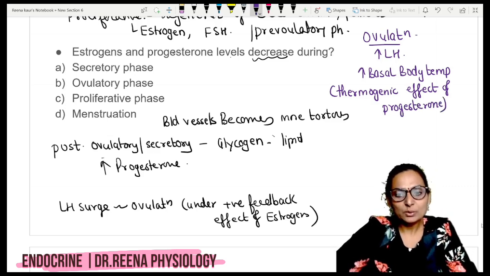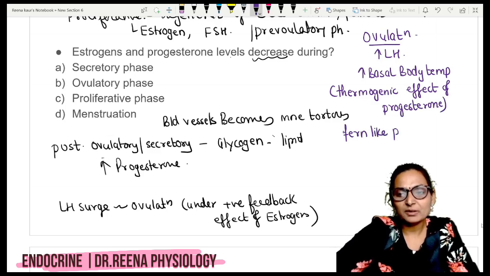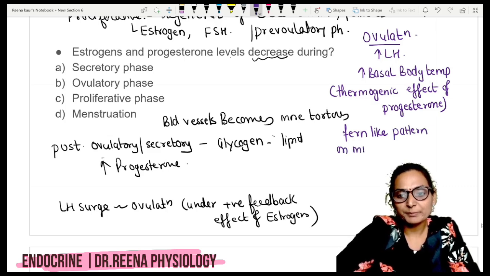The cervical mucus shows a fern-like pattern on microscopy.